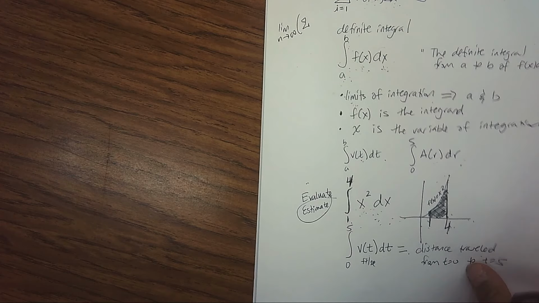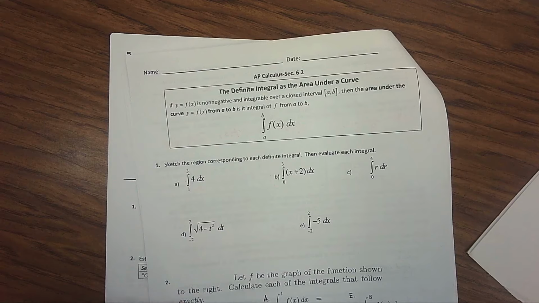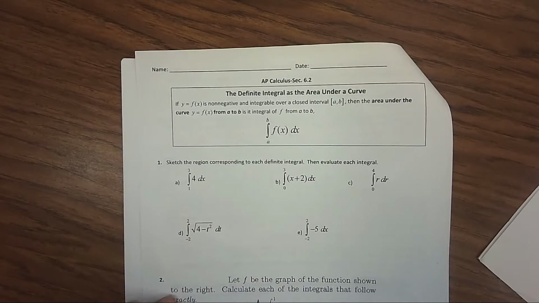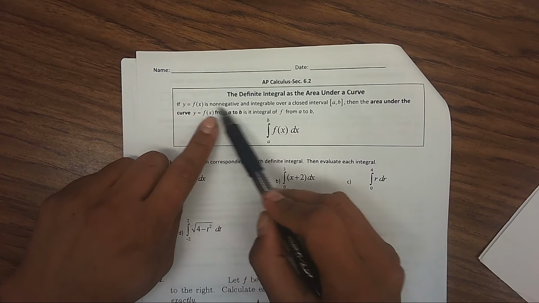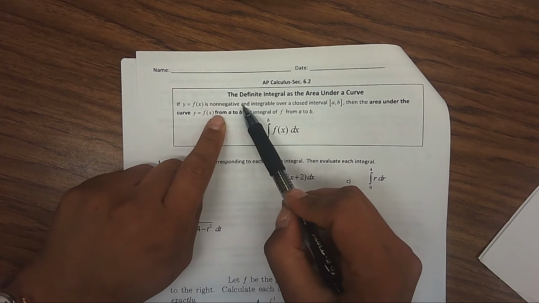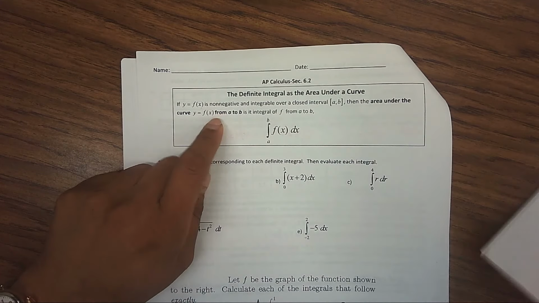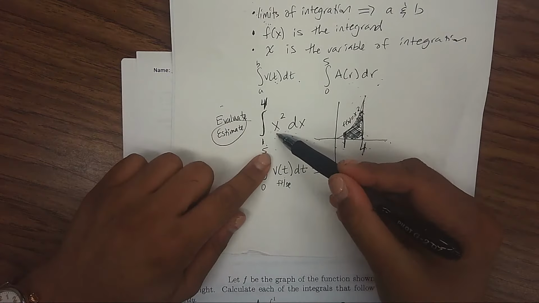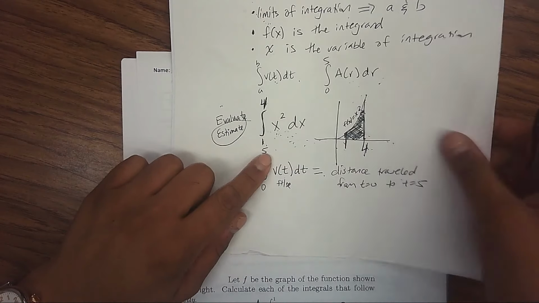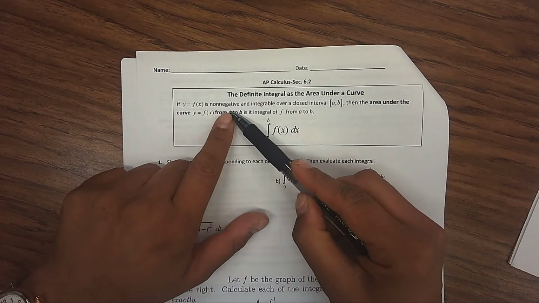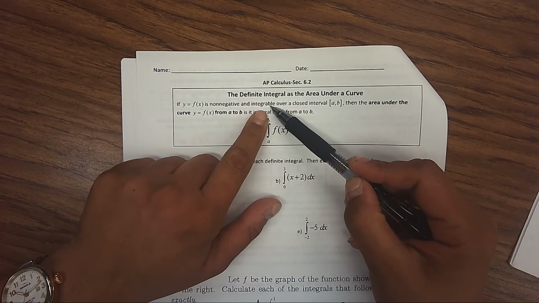So I'm on page 6 of the packet, and we're looking at this definition that's in the box. I have a function whose integrand is non-negative, or positive. My function is above the x-axis. So in this case, x squared is above the x-axis. It's not negative, and it's integrable.